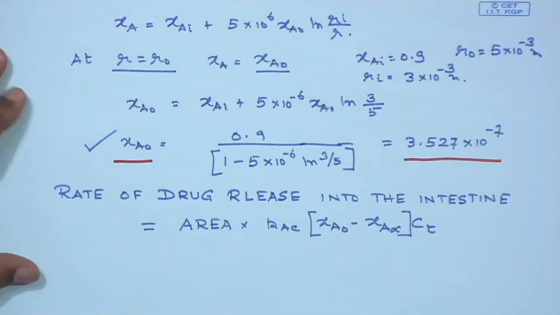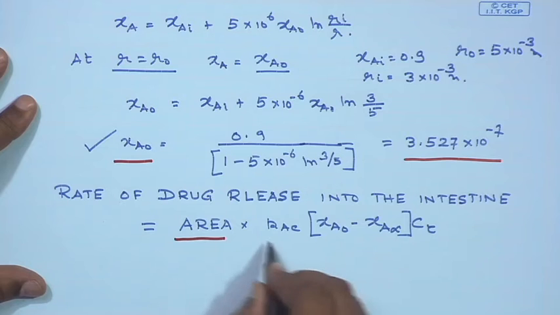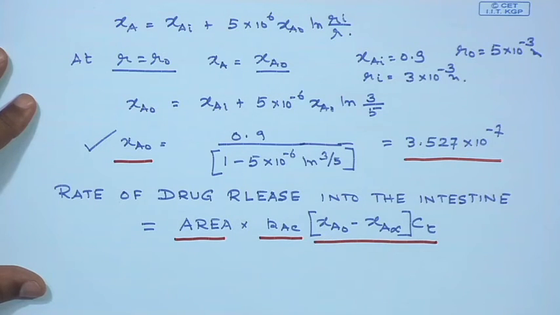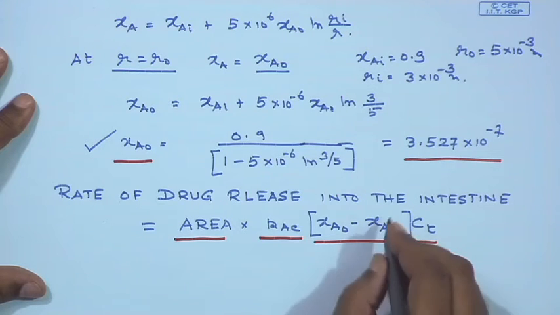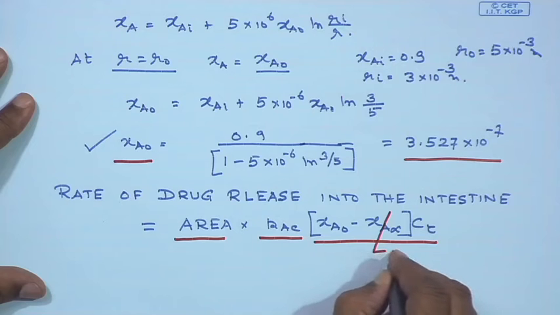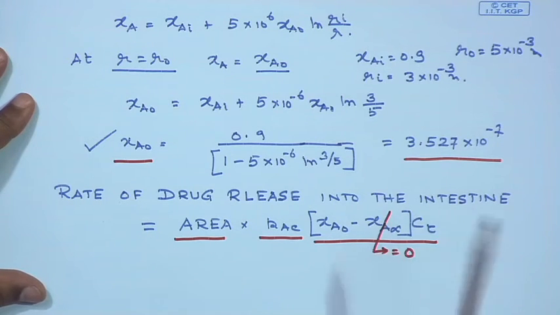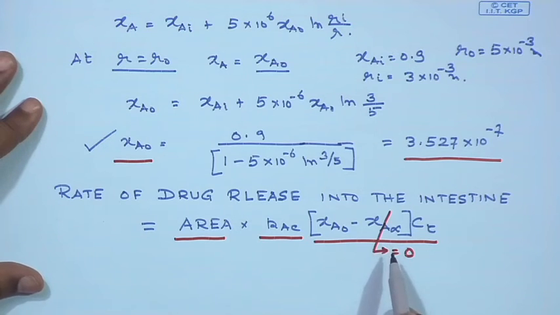If you see, this is the area, this is the convective mass transfer coefficient, and this is the concentration difference in here. We understand that this x_A infinity is assumed to be 0, that means no drug exists in the intestinal juices.